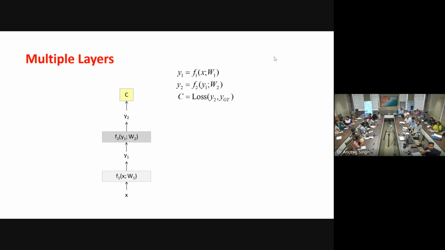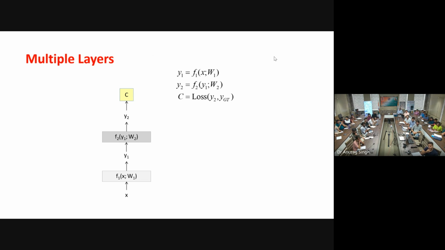You have input, and this network is described by weight W1. The output is Y1. Now this Y1 is going here, and some input is also coming from the previous time stamp that will be utilized for computing Y2. But the weight here is given by W2. Now, based on this Y2 and the ground truth, you'll be able to compute the loss.